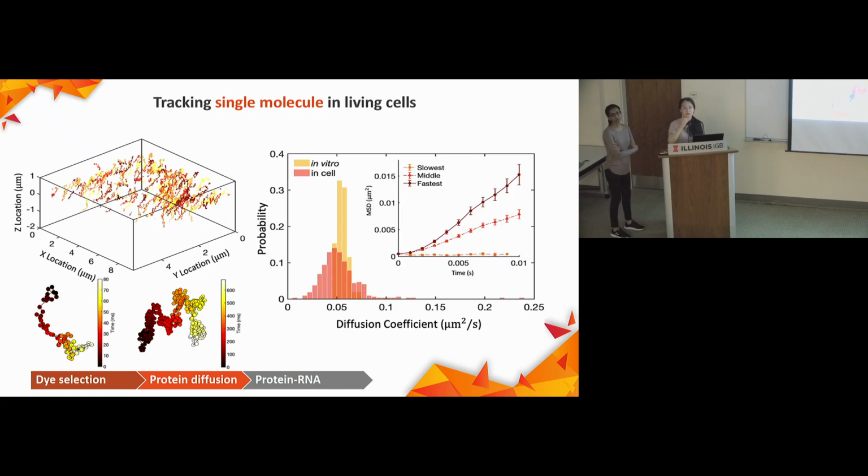So is it the value of the diffusion coefficient based on which you're categorizing them? Yeah, so you plot the mean square displacement over time, and then see if you can fit it to a linear curve very well, or if it's going up from a linear curve, or it saturates from a linear curve. That's how you identify them. It's that plot in the inset that we're talking about.